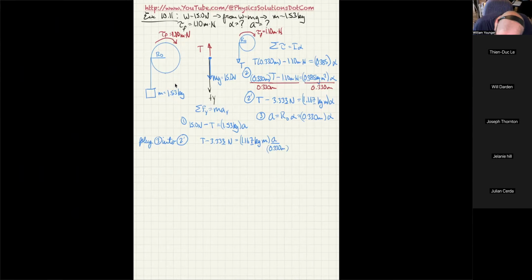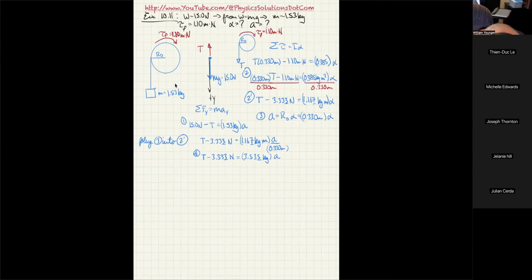And that gives me T minus 3.333 newtons is equal to 1.667 divided by 0.33 gives me 3.535. And now that's just kilograms times A. So let's call this equation 4.